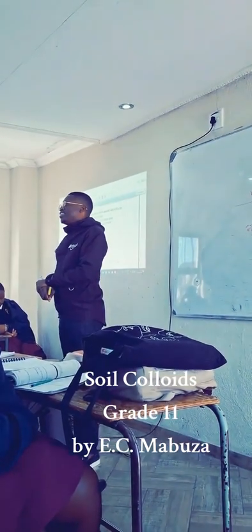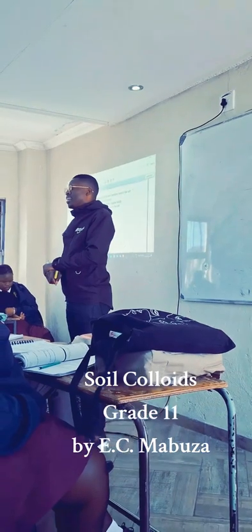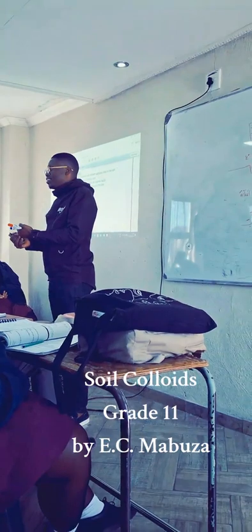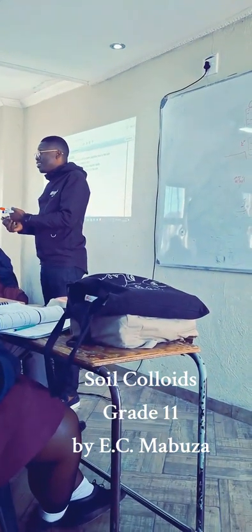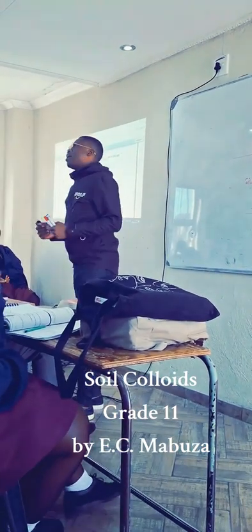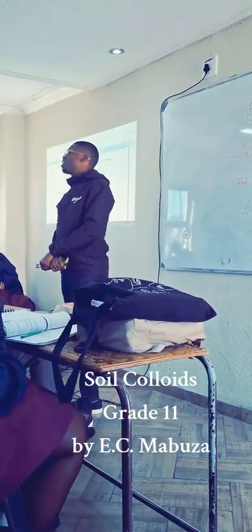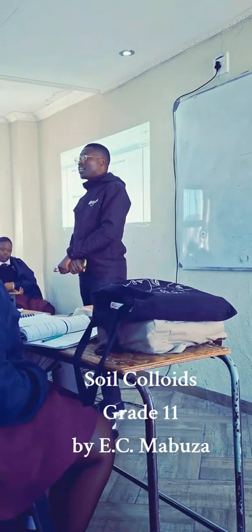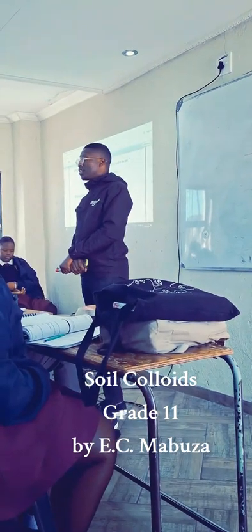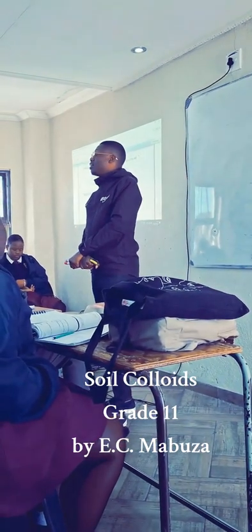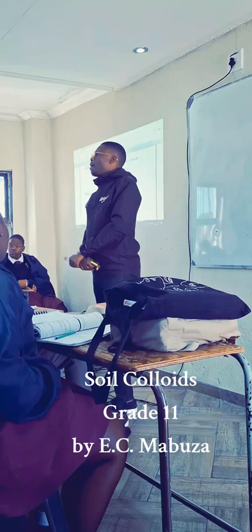That's the acid rain. They fall on the soil. What will be the pH of the soil? Acidic. Grade 12, the pH. The pH in the stomach is pH 4.